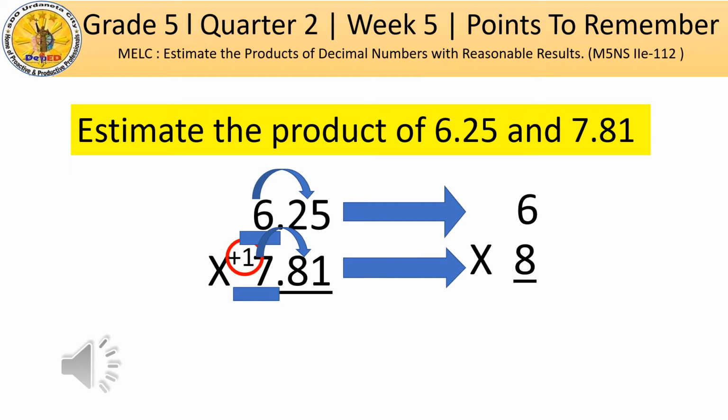Therefore, 8 is the rounded factor. Then multiply the rounded factors. 6 multiplied by 8, and the product is 48. Therefore, the estimated product of 6 and 25 hundredths and 7 and 81 hundredths is 48.